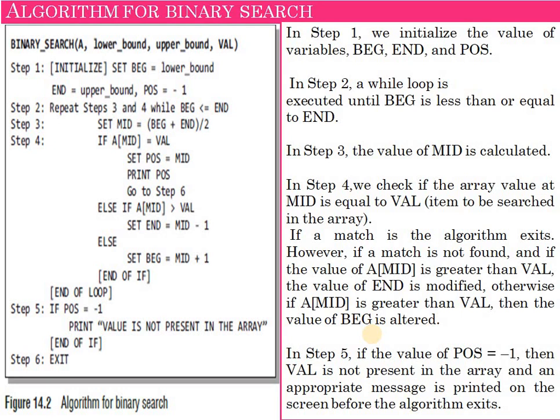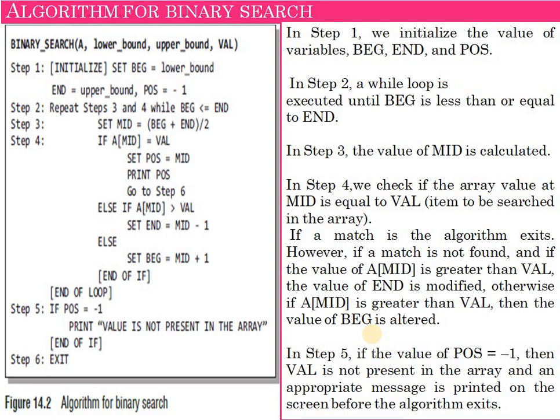Suppose at first we find that the element is at the left side, then we consider the left side as one array, and we again compare the element, meaning we find mid in that subsection. If that mid is equal to our element, then we display it. If not, meaning that sub array's mid is not the target value, then we compare whether it is at the left side or right side.